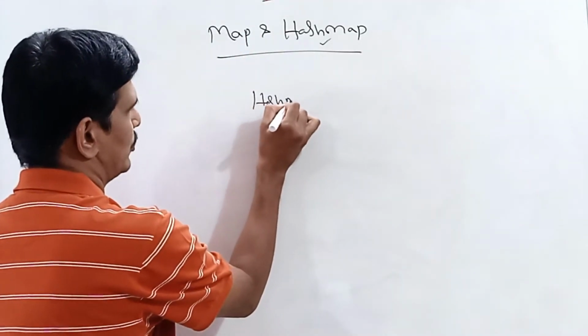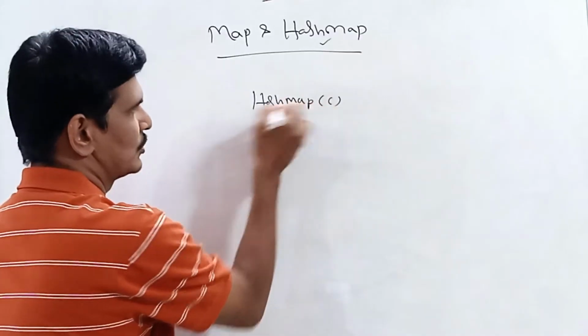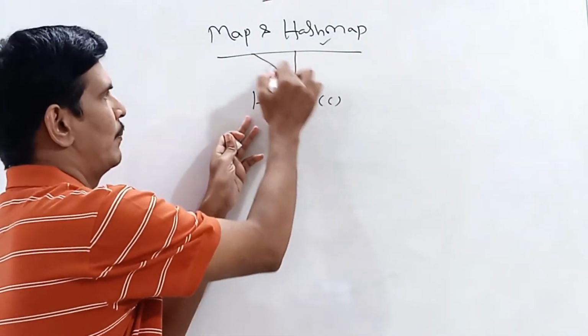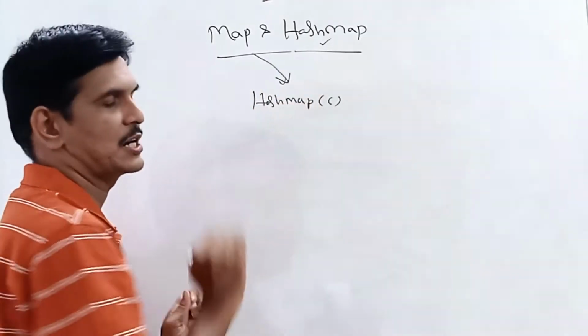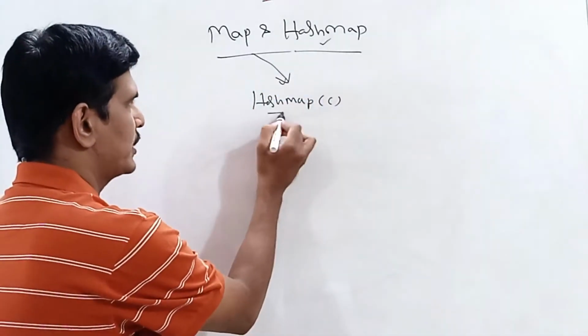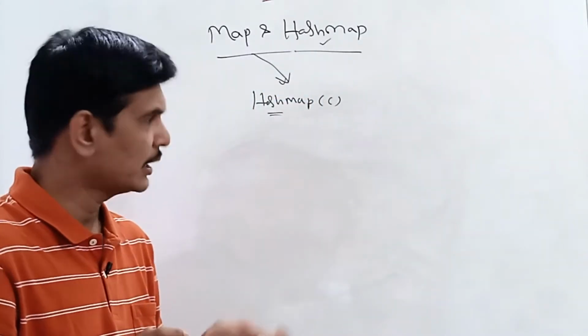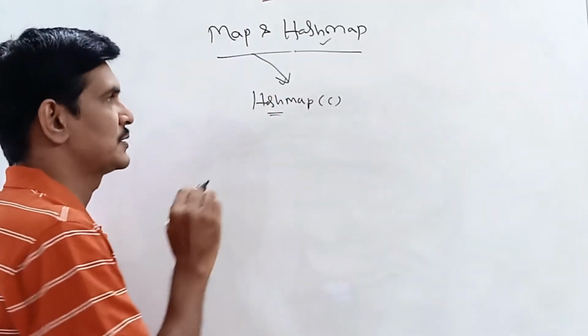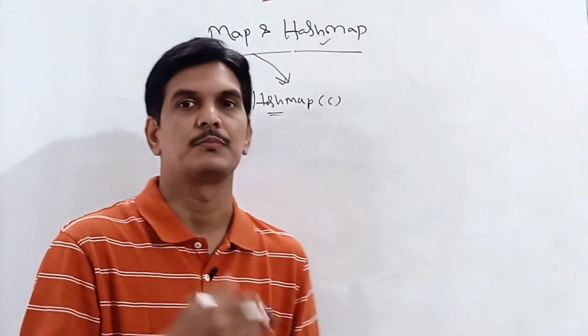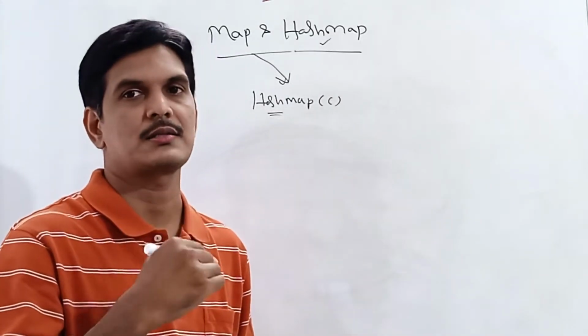Now let us discuss the HashMap class. This is a class which implements the map interface. Remember, guys, the map interface is implemented by HashMap. The first point in HashMap is, the underlying data structure of HashMap is hash table. As I said, every collection type is implemented based upon some underlying data structure.